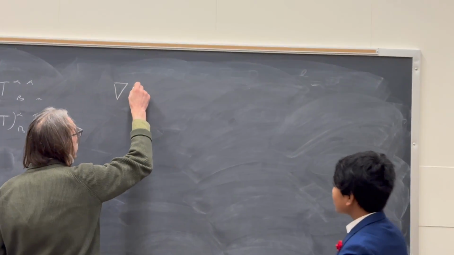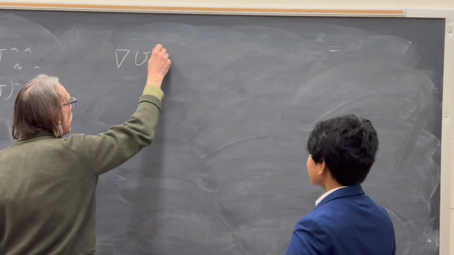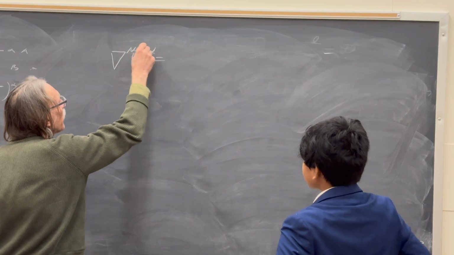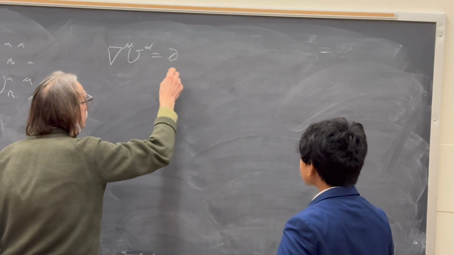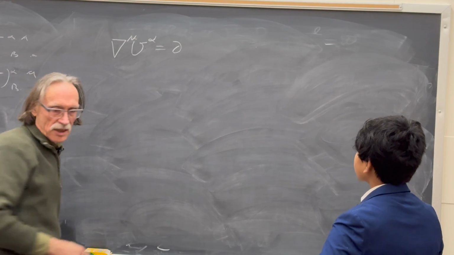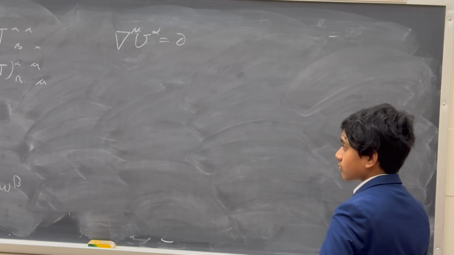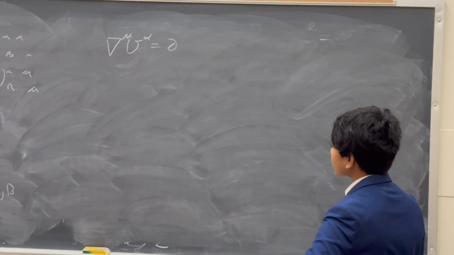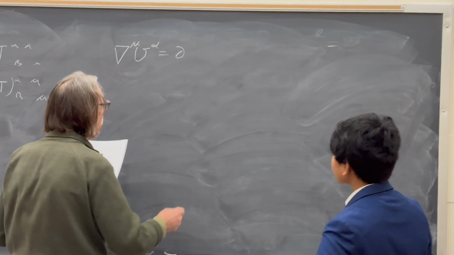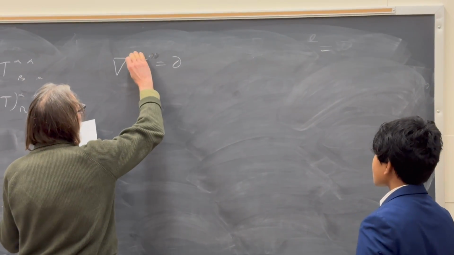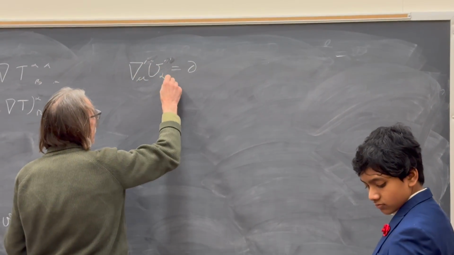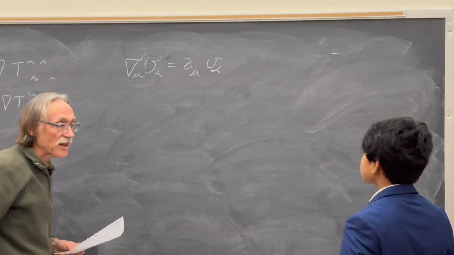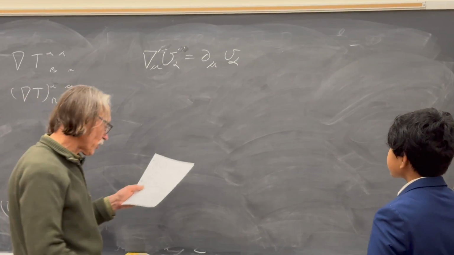So what we can show is that the mu derivative is equal to, and I should get my conventions right, let me put them as lower indices because that's in my notes, the ordinary derivative, and then there is another term.